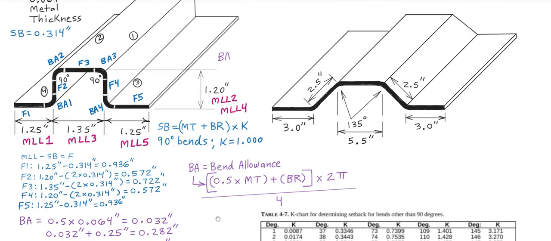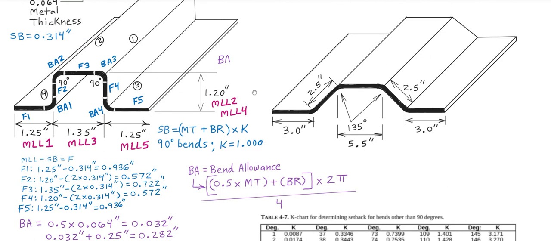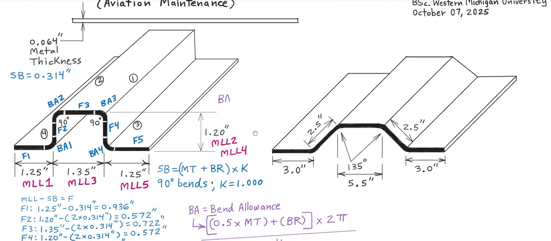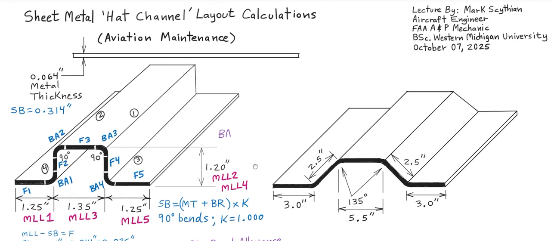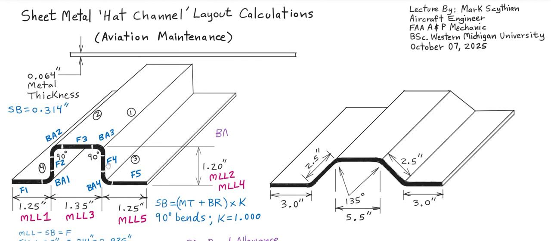So scrolling back up, we now know our bend allowances are constant because all curves on the 90-degree hat channel are 90-degree bends.